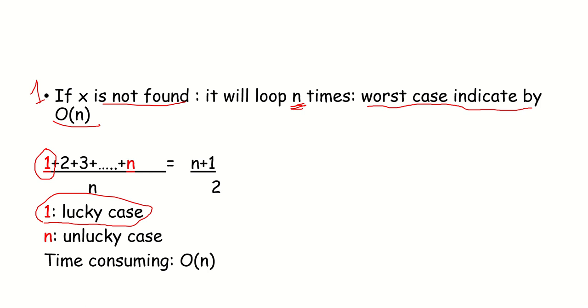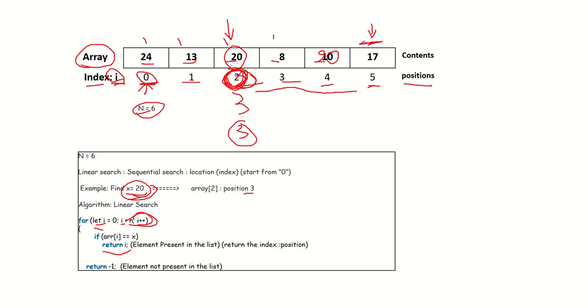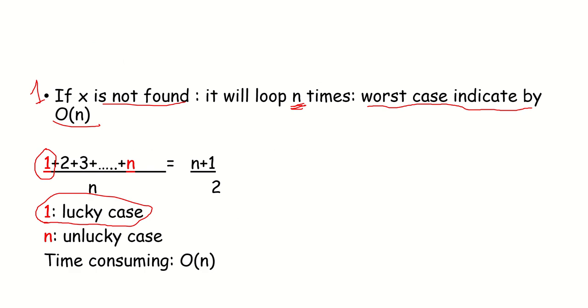Let's go back. Suppose I'm searching for 24 here. It's not 20. When I start, I find it in the first element. So I return the position, return the value, and stop the algorithm and give the result. This is called a lucky case. I find it in the first line.